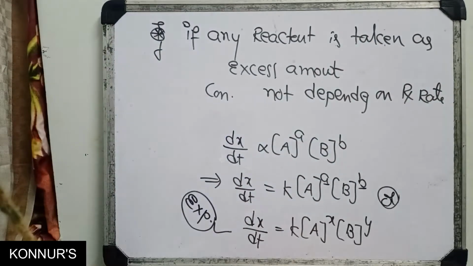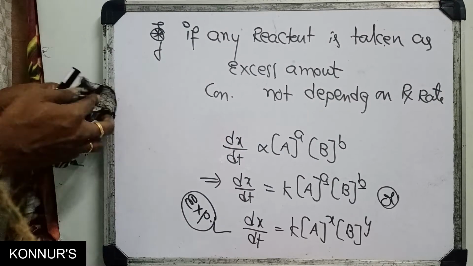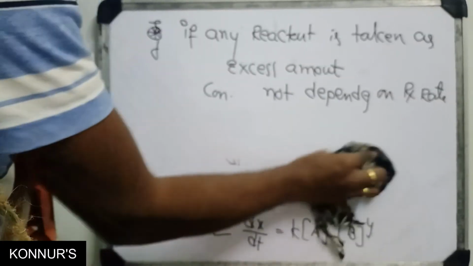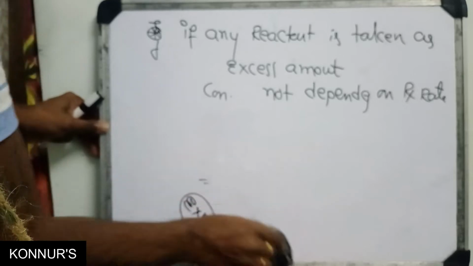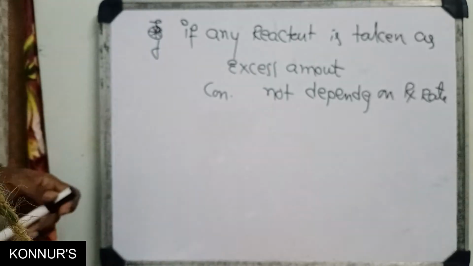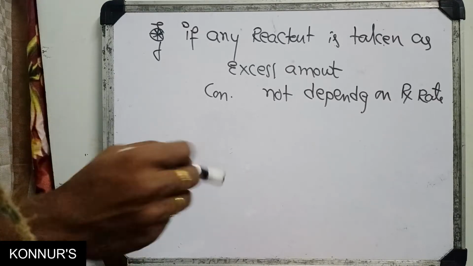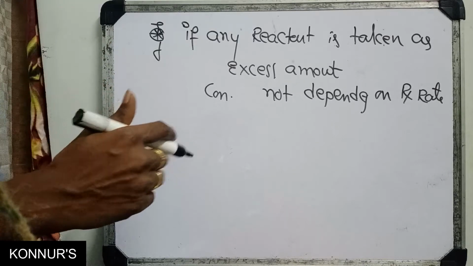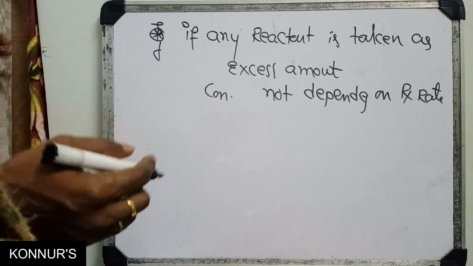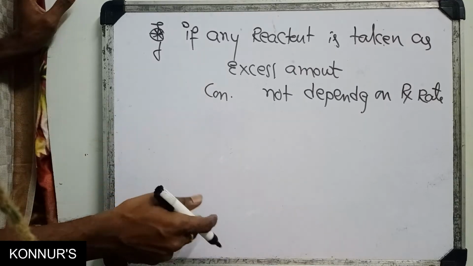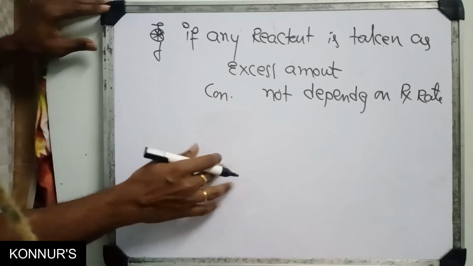This is very important. Generally, how to identify this? Suppose we have 10 balls. If you remove one ball, you can easily identify that one ball is gone. Suppose you take 100 balls. If you remove one ball, in the remaining you can't identify whether one was removed or not. That is the general idea.